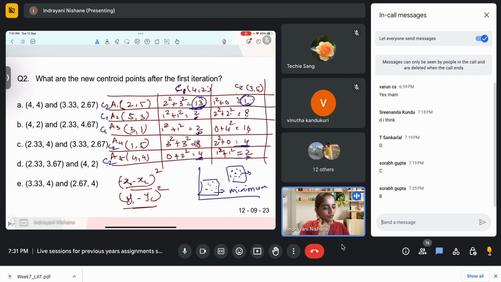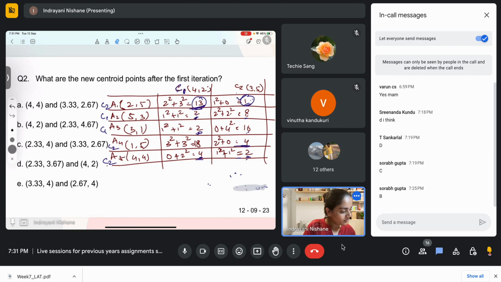So now what we are supposed to do is calculate the new centroid. How we will calculate the new centroid is we'll calculate the average of the data points. The points which belong to C1, A2, A3.